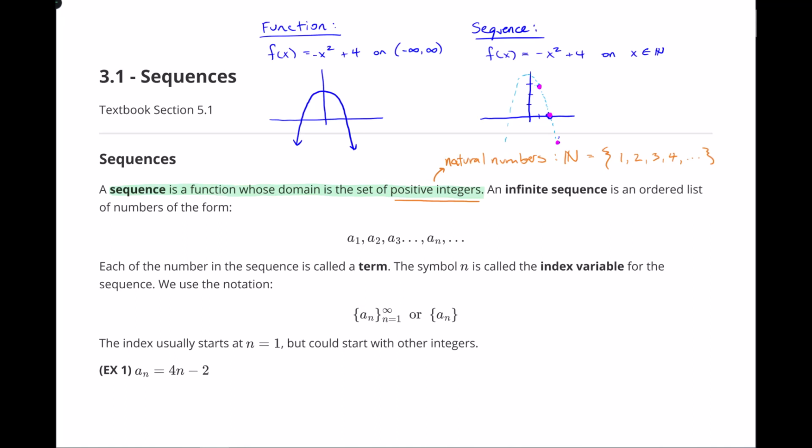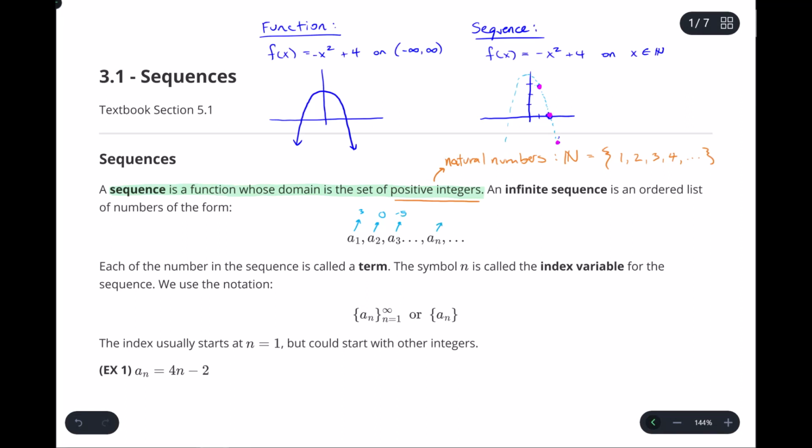Now, a few more definitions. An infinite sequence is the ordered list of numbers that come from one of these functions: a sub 1, a sub 2, a sub 3, and so forth. In our sequence, negative x squared plus 4, a sub 1 would have been 3, a sub 2 would have been 0, a sub 3, where x is 3, so negative 9 plus 4, would have been negative 5, and so forth.